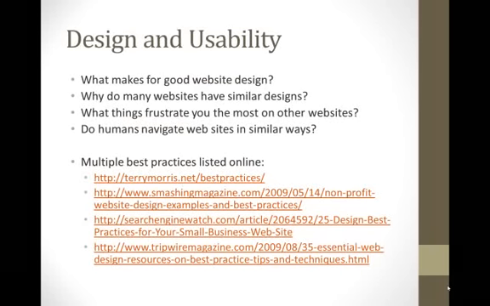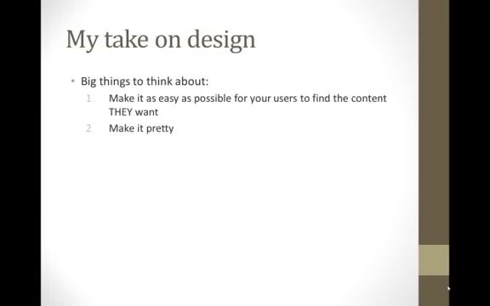Okay? So here's my take on that. I went through all these. The 2 big things that I took away from it is, number 1, probably the most important, make it as easy as possible for your users to find the content they want to find. Not what you want them to find, but what they want to find.